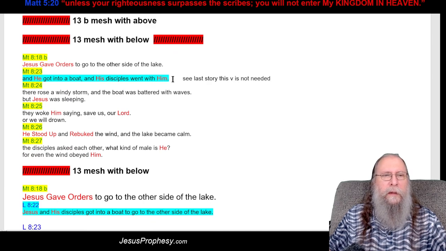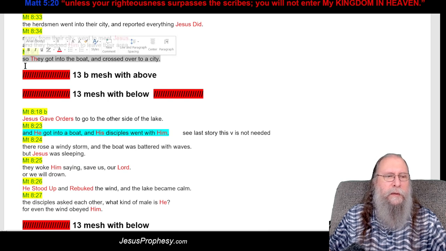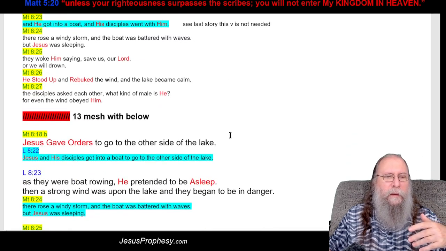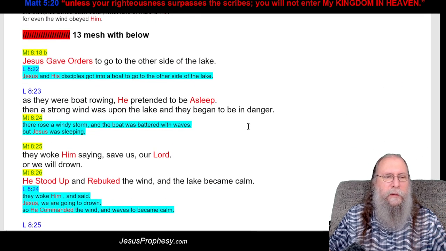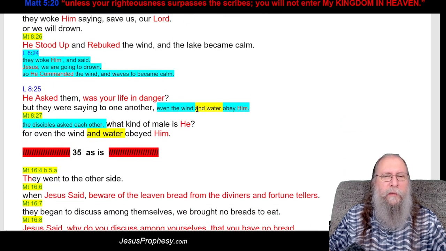Okay, this one here is actually this verse here. Okay, so I don't need this verse to be meshed with the text below. And here that text is being meshed, and you can see here that I'm borrowing the words the water obeyed him down here. And I'm getting rid of this part of this verse here, which I'm also getting rid of this part of this verse.